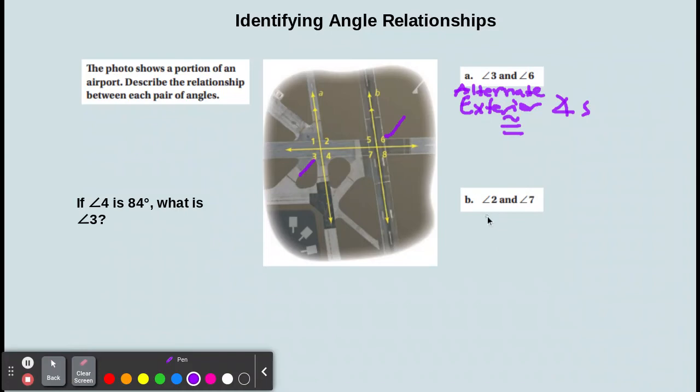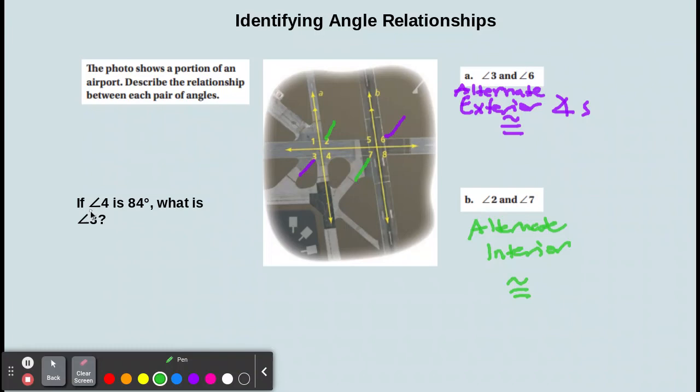Okay, now angle 2 and angle 7, we know those are interior because they're within the 2 parallel lines. We know they're alternate because they're on opposite sides of the transversal. So that must mean that they are also congruent or the same measure.